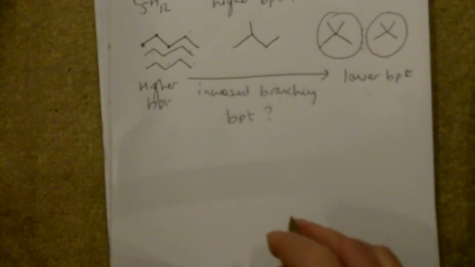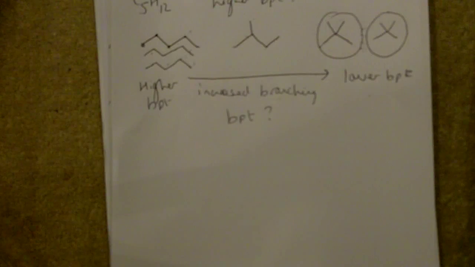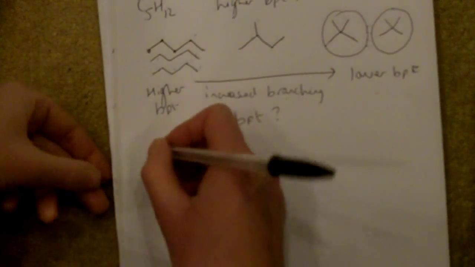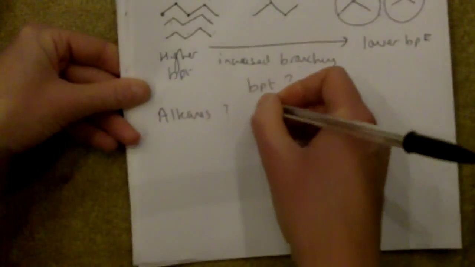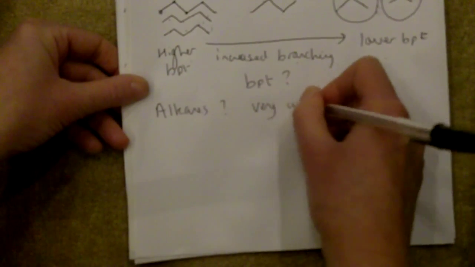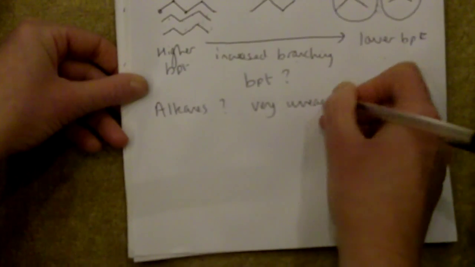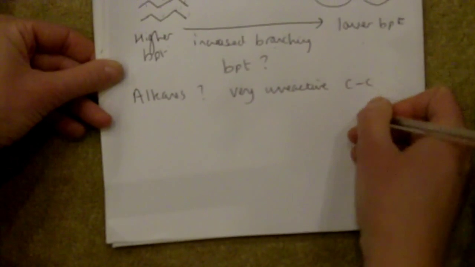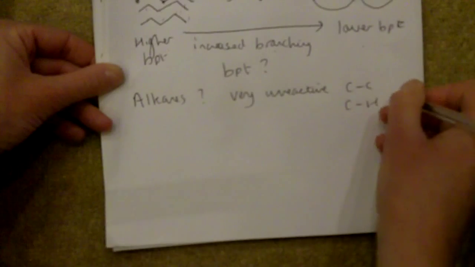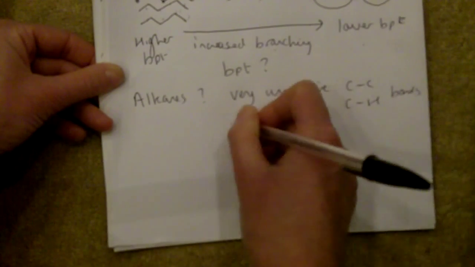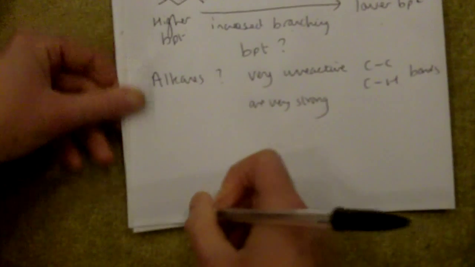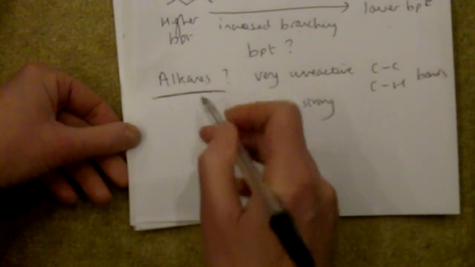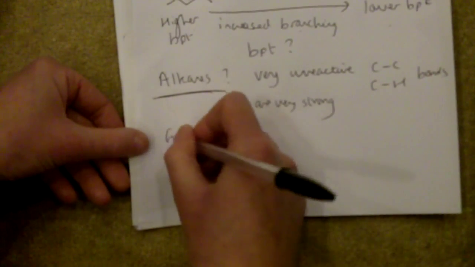Last thing I'm going to say, because this is just the start of alkanes, is where do we get alkanes from? They are very unreactive chemicals because the C-C and C-H bonds are very strong covalent bonds. But where do we get them from? We get all of our alkanes from fossil fuels.